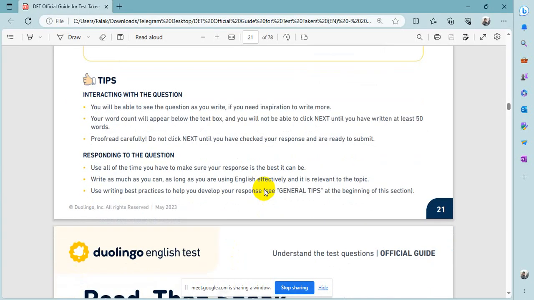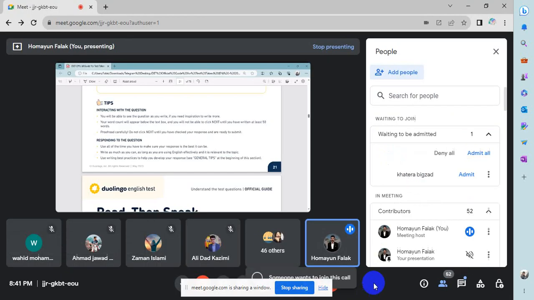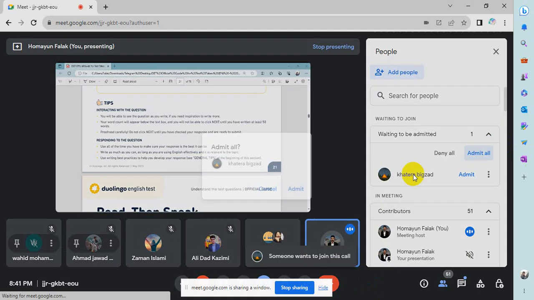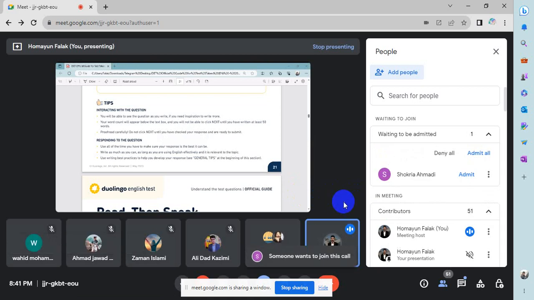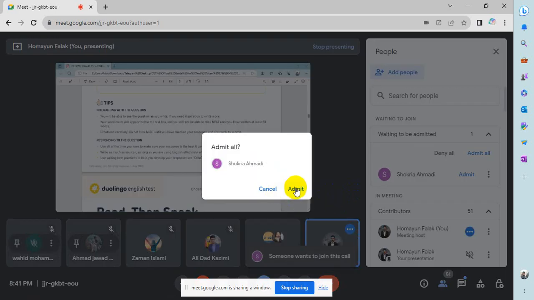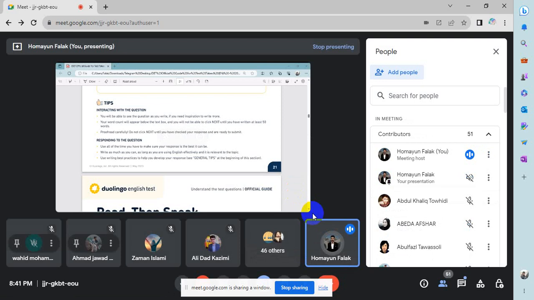And the last tip for interacting with the question says, proofread carefully. Do not click next until you have checked your response and are ready to submit. That's it, guys. When you are writing, maybe you think, teacher, if I make some small mistakes in commas, punctuation, capitalization, clauses, or spelling, will they count it?